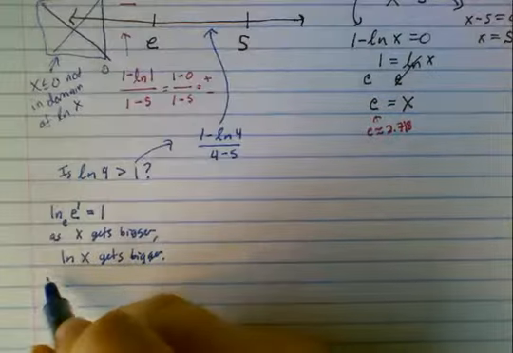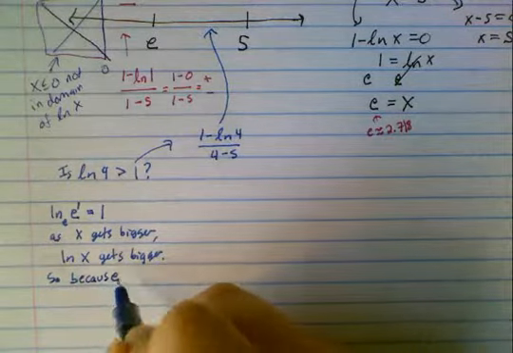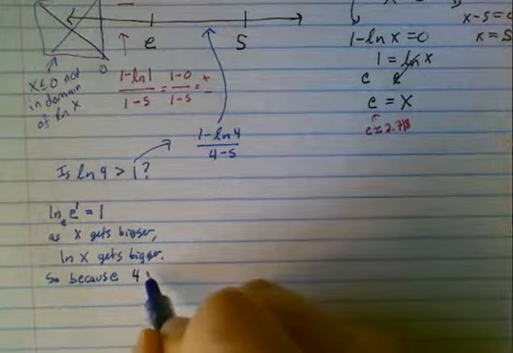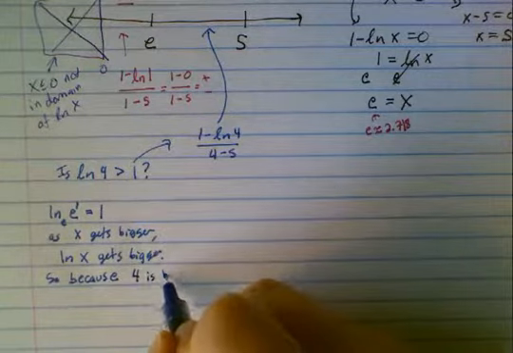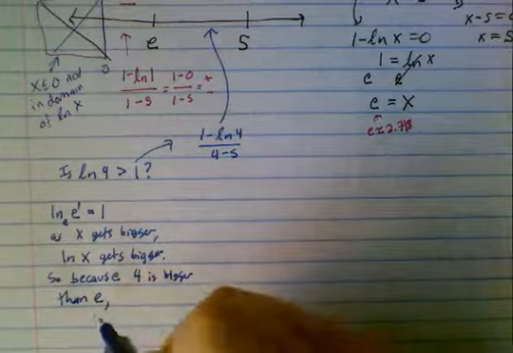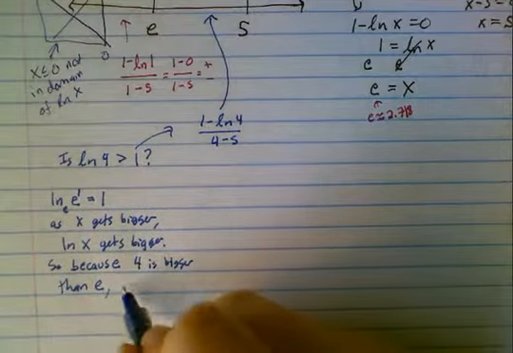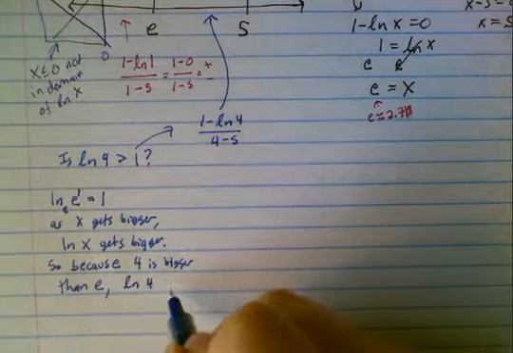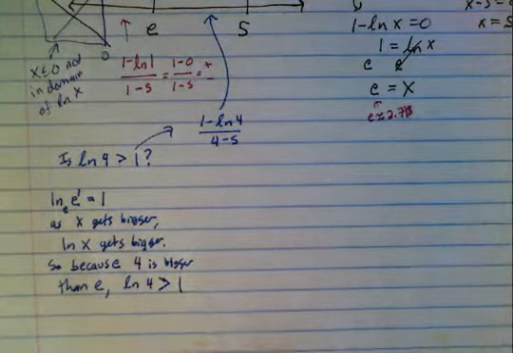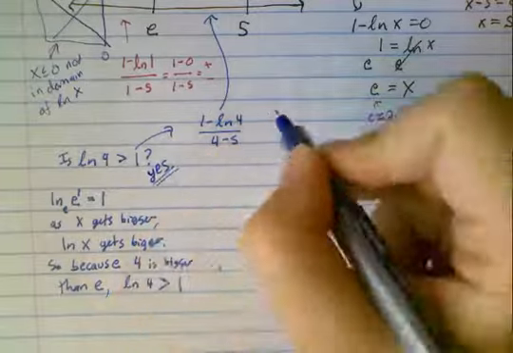So because 4 is bigger than e, because remember e is about 2.7, natural log of 4 is bigger than 1. So the answer to this is yes.